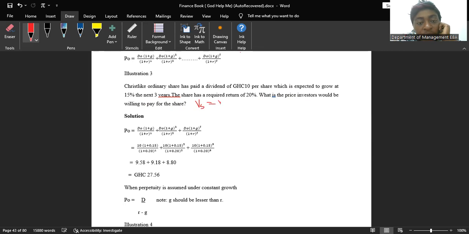It's going to be D0. What is the dividend they paid now? Then you're going to grow it. Okay. So this will be the formula. This should be raised to the power 1. Okay, but 1, whether you bring it or not.